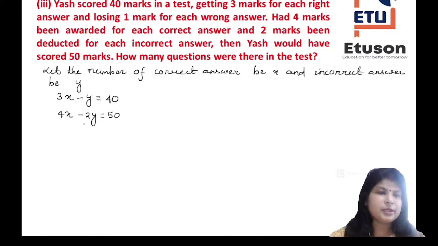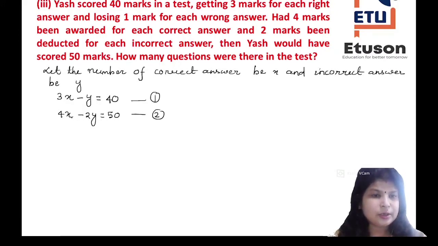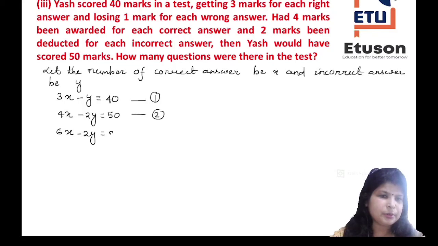Right? So now let us solve these equations by any of the methods. You can use cross multiplication, substitution, and so on, but I will use the elimination method. I will multiply the first equation with 2 and let the second equation be with 1. By multiplying with 2, I will get 6x minus 2y is equal to 80.